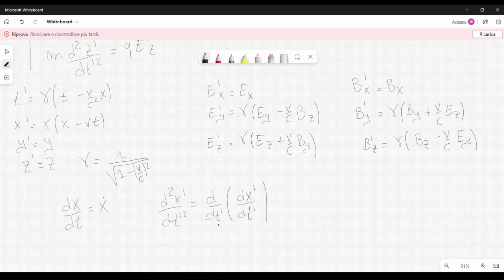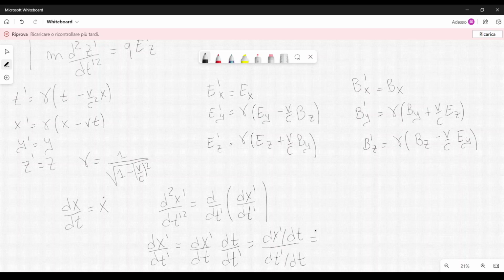And we need to find dx prime over dt prime, which is equal to dx prime over dt times dt over dt prime, according to the chain rule. We can also rewrite it as dx prime over dt divided by dt prime over dt.